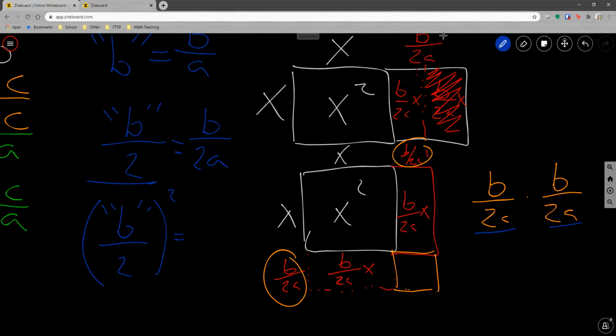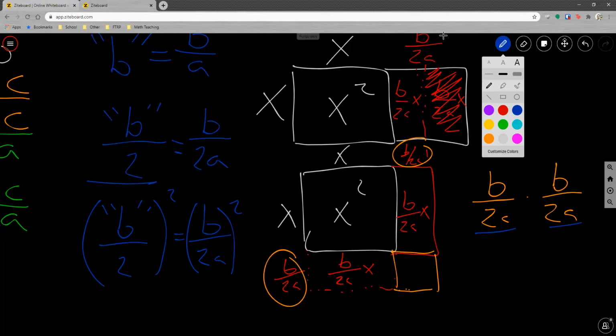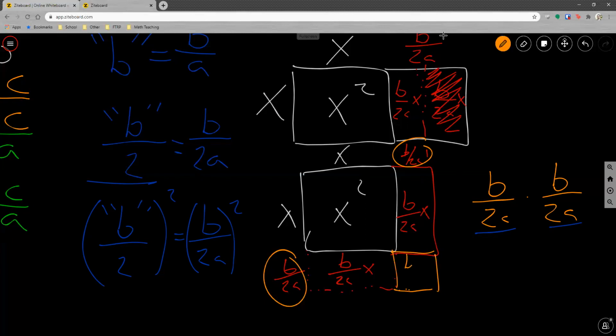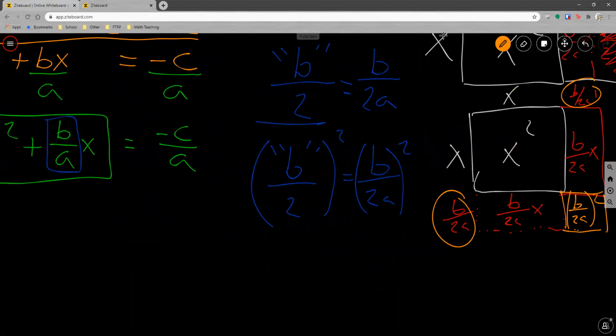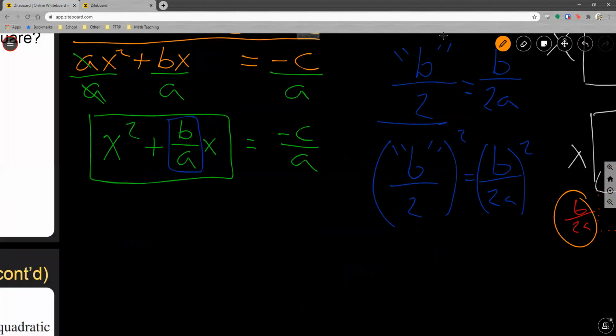Remember, when we're talking about quadratics with actual numbers, that coefficient in front of the x is our b value. So I'm taking b over 2a and squaring it. What goes in this little corner is b over 2a squared. So I'm going to add b over 2a squared to both sides of my equation.